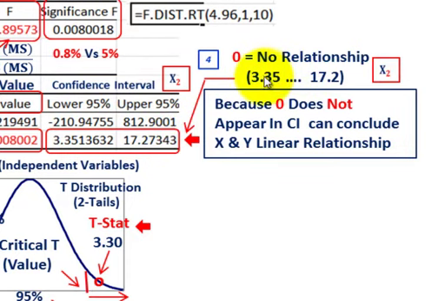In our case, we're sitting at 3.35 to 17.2 here, so there isn't any 0 in that range. So because 0 does not appear in our confidence interval here, we can conclude that we have an x independent variable and a y dependent variable linear relationship.